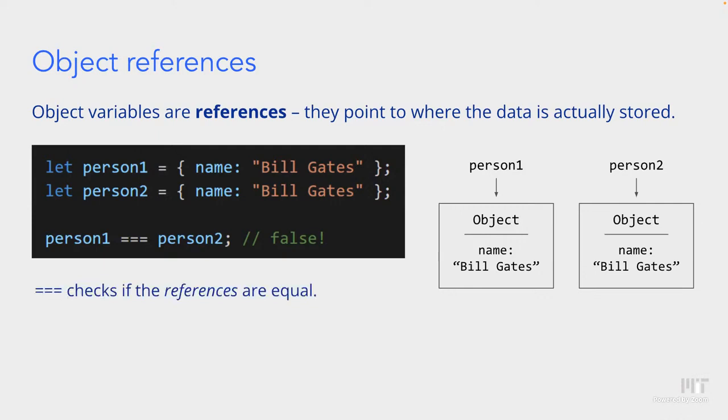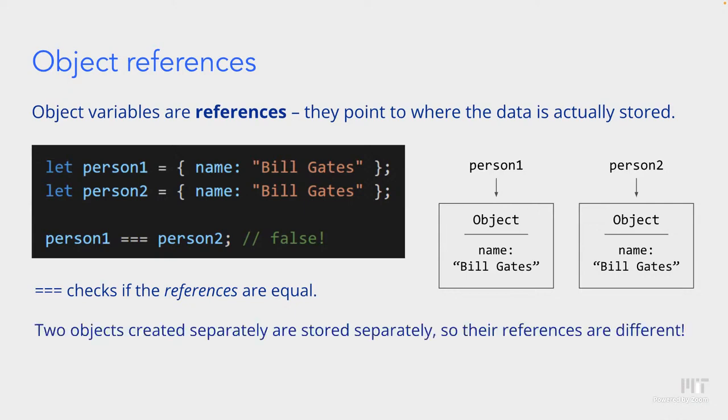So what we are checking is the references, so where they point to. And since we've created these two people separately, even though they have the same value, they have different references. And so that's why the triple equals comparison operator gives us false. Since they're stored separately, their references are different.